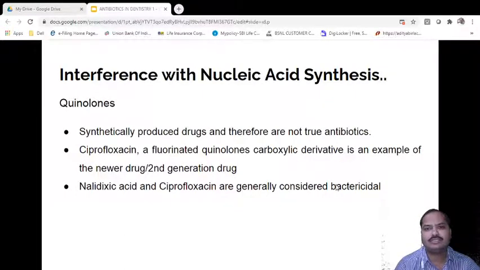So it is not possible for the DNA to arrange itself in the structure which is required for pathogenicity. Nalidixic acid and ciprofloxacin are considered bactericidal.